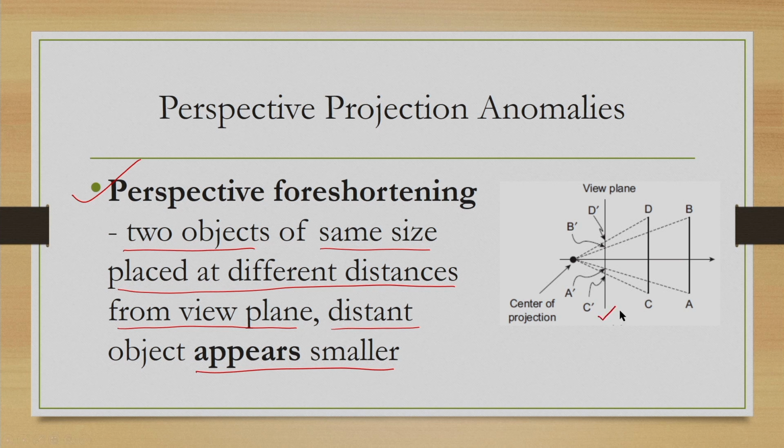So, if this is the view plane, this is one object and this is another object, then as you can see, object AB appears to be this size, which is smaller than object CD, although they are actually of the same size. This happens because of the projectors meeting at a common center of projection. And as you can see from here, because of this reason we get a sense of reality, that distant objects appear smaller.